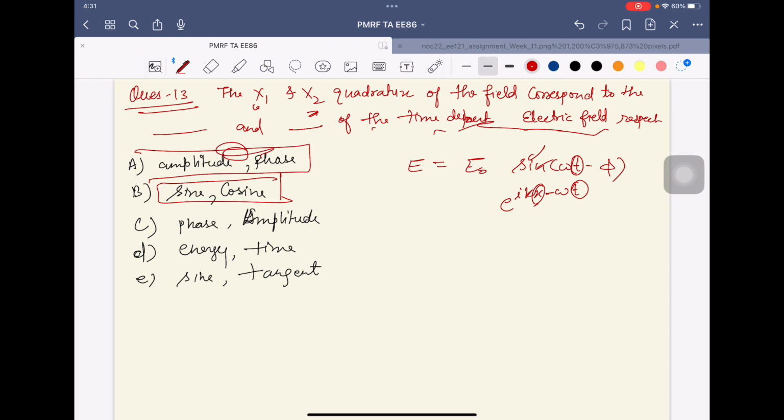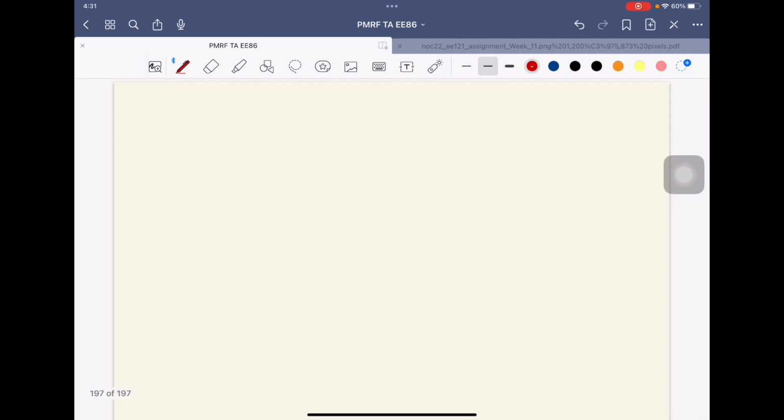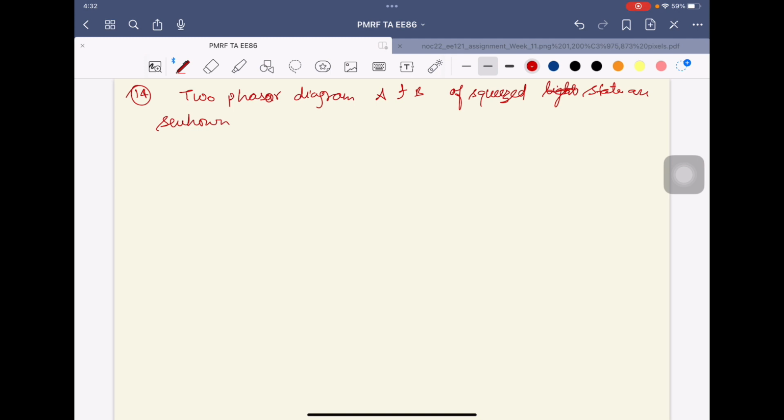These are 13 questions. So the next question is: the phasor diagrams A and B of squeezed light, or squeezed state, are shown in figure 1.